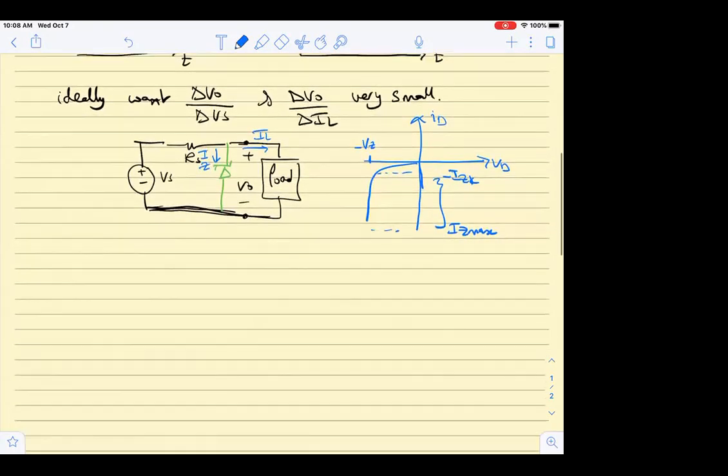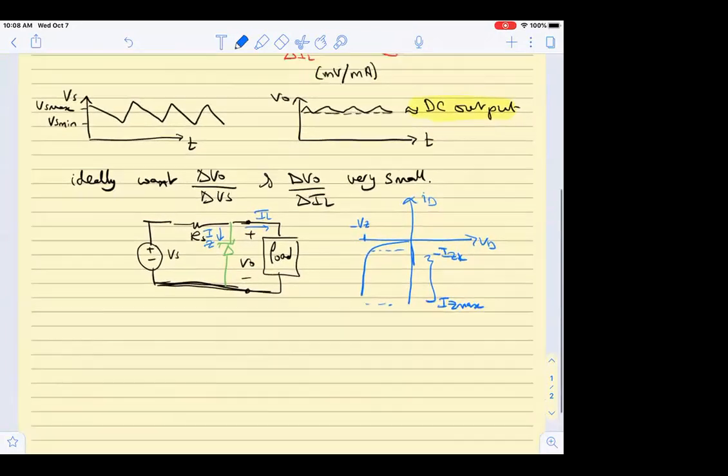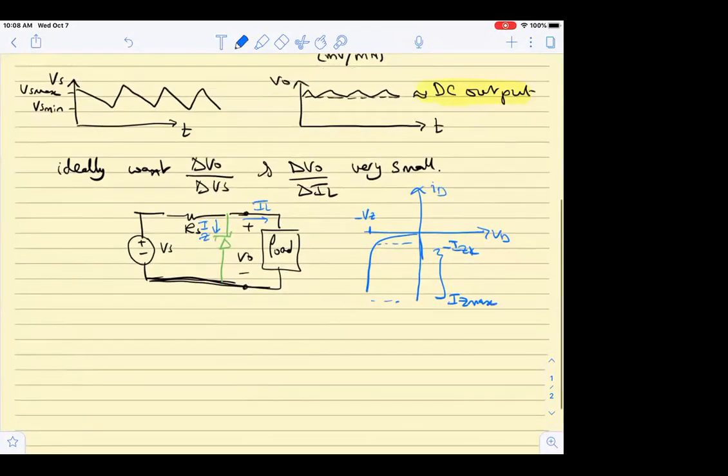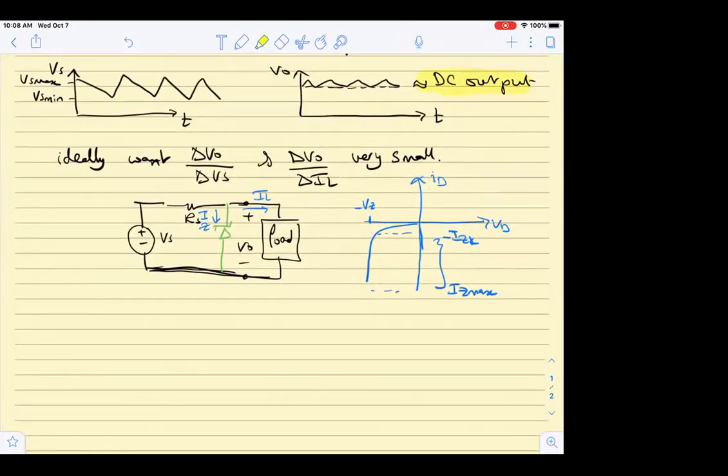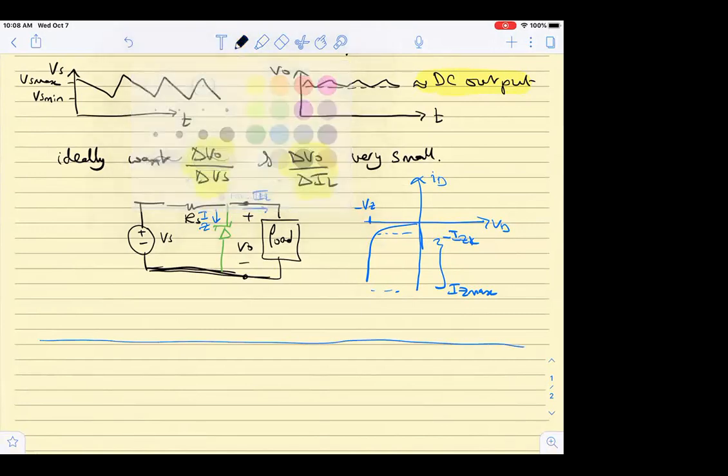So now we are going to explain how we derive those quantities. How am I going to study those two quantities for this circuit? Let us look at the derivation of these two parameters in the context of this circuit.